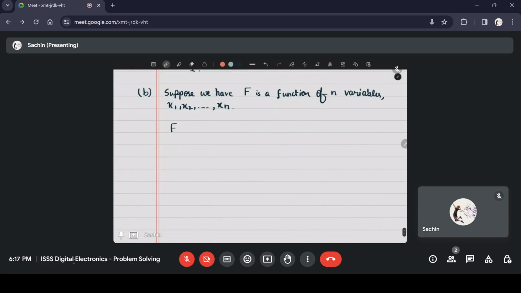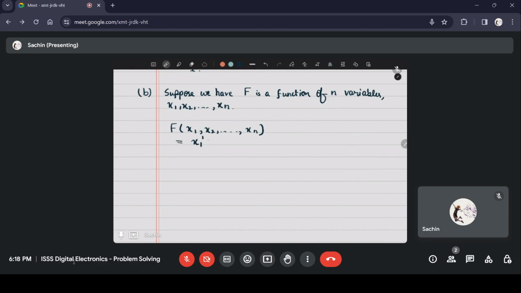Then similar to the procedure we followed in the previous question, we can write f of x1, x2 up to xn as the sum. This is using Shannon's decomposition.